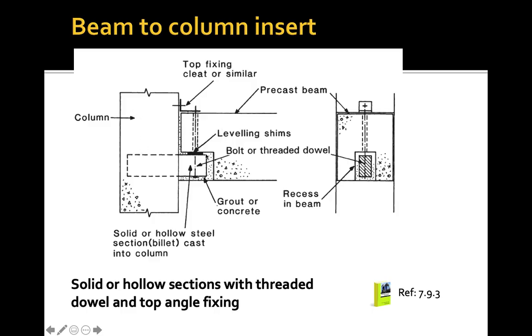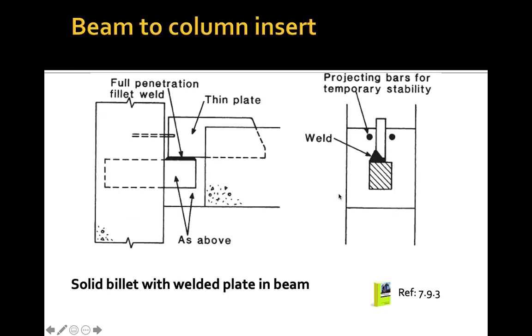So this is the leveling shims, or the bearing pad, and we have the bolt or threaded dowel, and we are going to grout or concrete this part. So we can see here that this is the solid or hollow steel section that is cast into the column. So this will be the column insert.